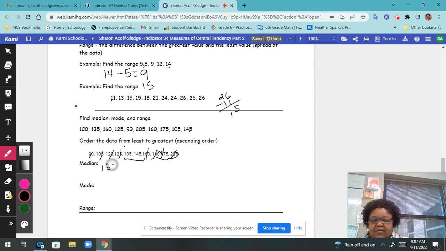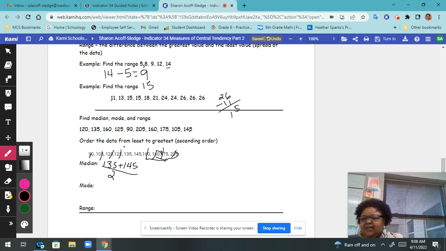So when I have an even number, I'm going to add these together. What is wrong with my screen here? My board. So I have 135 plus 145 and then divide by 2.